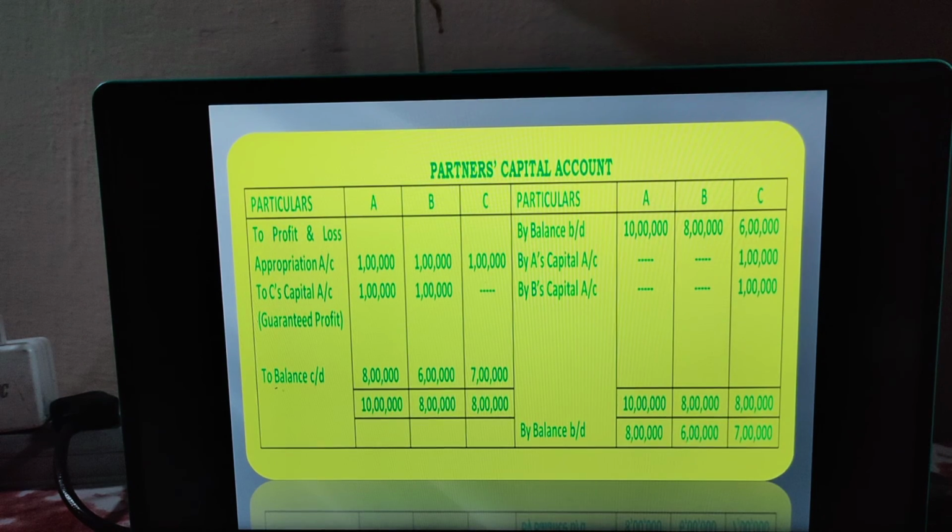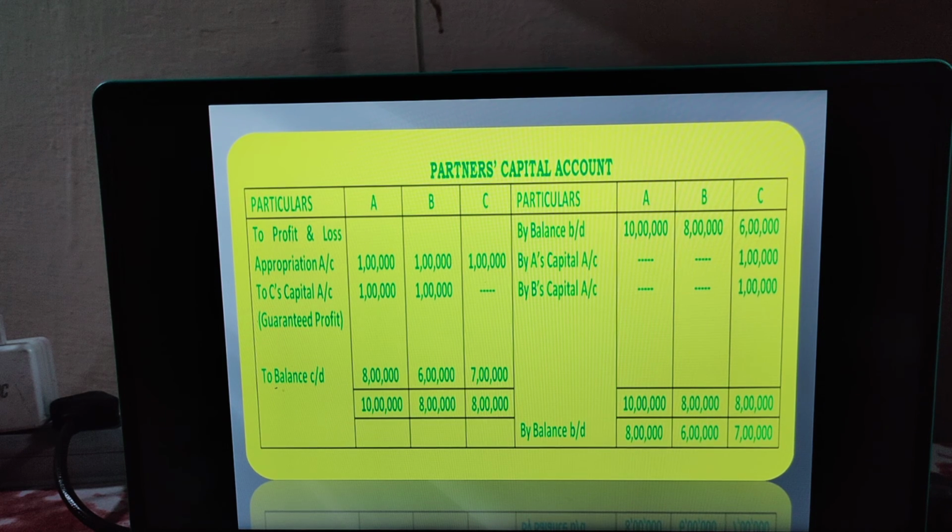Now see, we have to create the partners' capital account. Okay, now see, we have the by balance BD, that is the opening balance. Opening balance is 10 lakh, 8 lakh and then 6 lakh. Okay, now C is guaranteed a profit of 1 lakh per annum. Loss incurred by the firm is 3 lakh, out of which 1 lakh is debited to C's capital account.